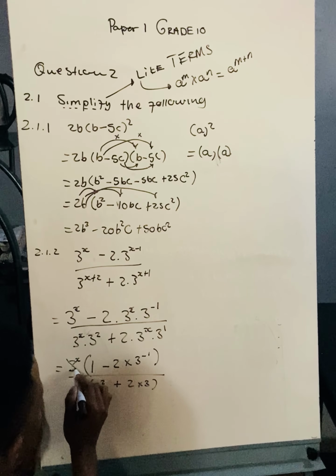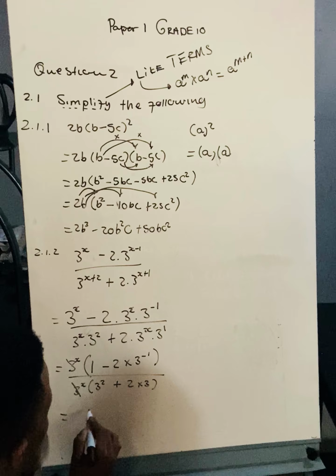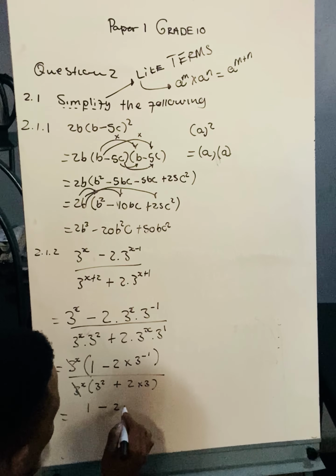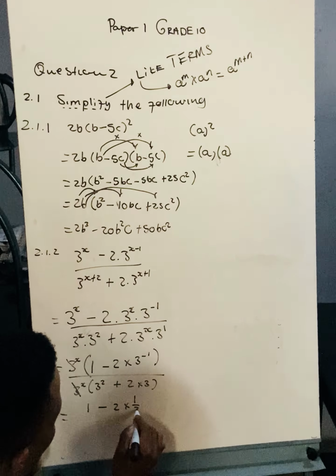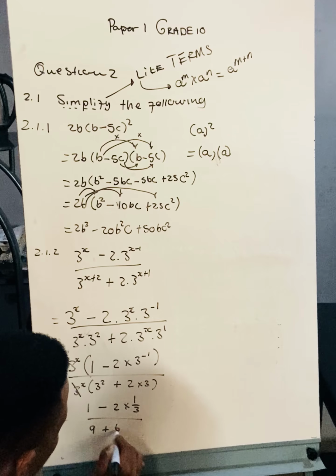Therefore now this 3 to the power of x will cancel the other 3 to the power of x. What will happen now? We are going to have 1 minus 2 multiplied by 1 all over 3, divided by 9 plus 6.